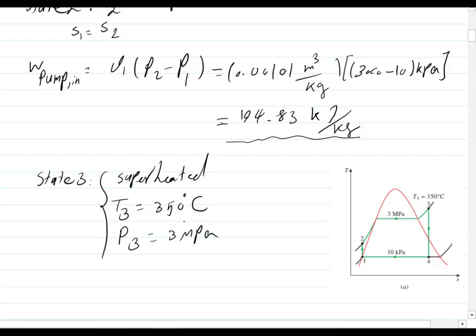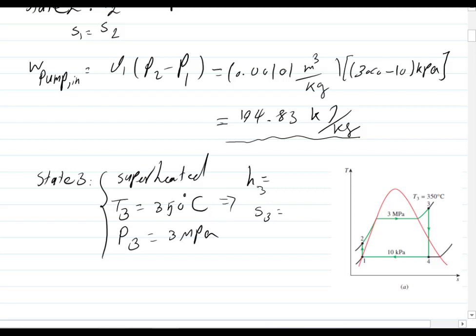So now we have to find H or enthalpy for this point, and also we need to find entropy and other characteristics for this point.